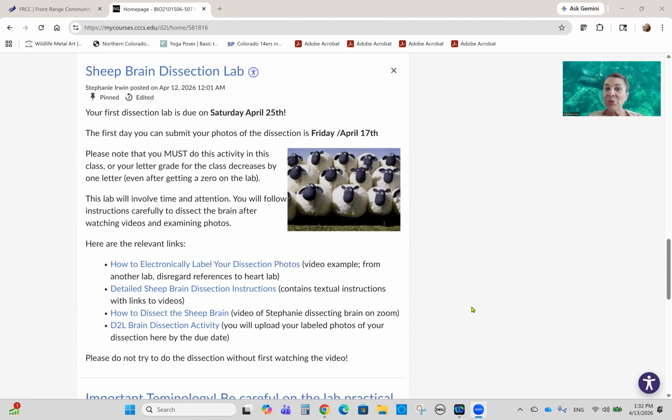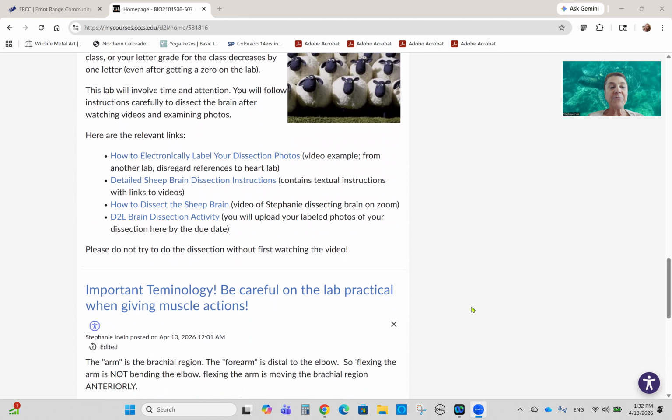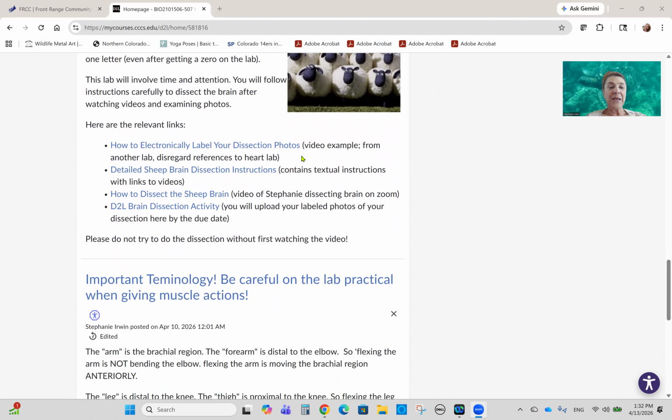Everything you need to know is in this announcement. We've got several links. Here is a video example of how to electronically label photographs. You are going to have to label photographs that you take of the sheep brain, and you'll take some specific photos that I'll show you.